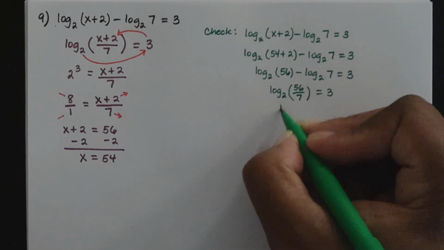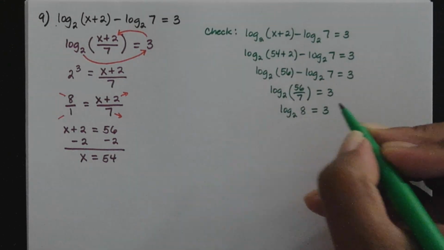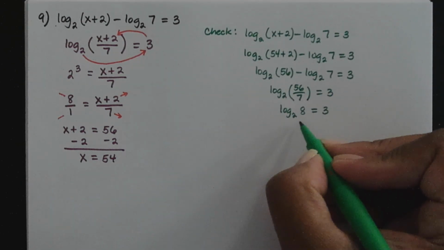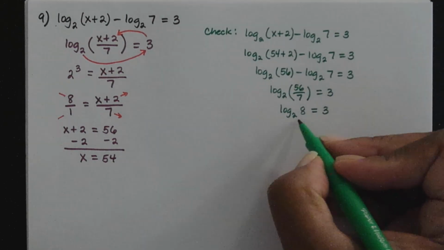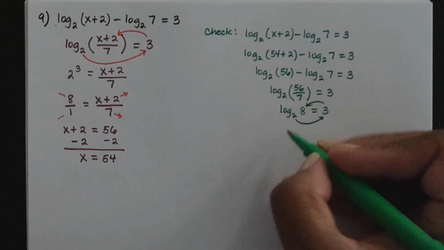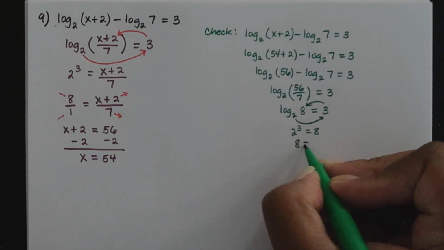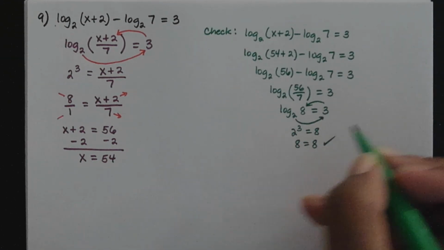56 divided by 7 is 8. So log to the base 2 of 8 equals 3. Write this in its equivalent exponential form: 2 to the third equals 8. And of course 8 does equal 8, so that checks.